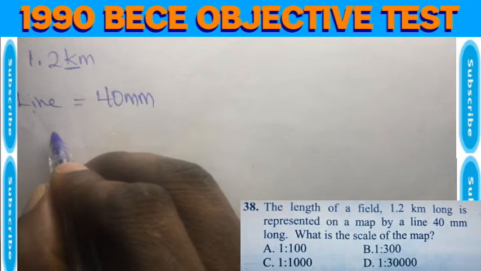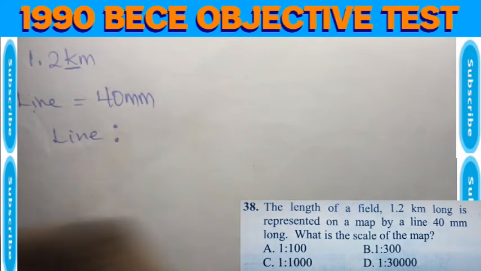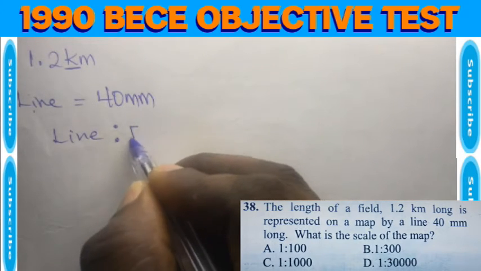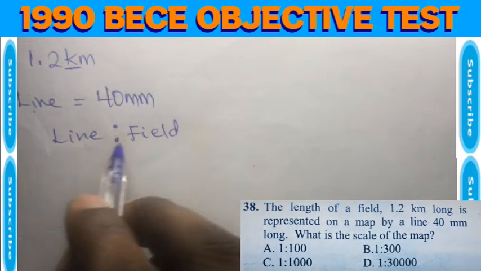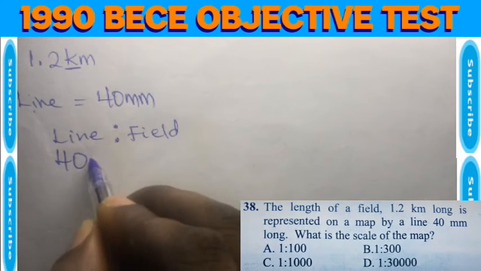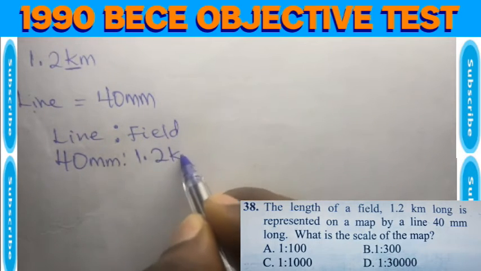So we are expressing the length of the line in a ratio to the length of the field. The length of the line is 40 millimeters, and the length of the field is 1.2 kilometers.